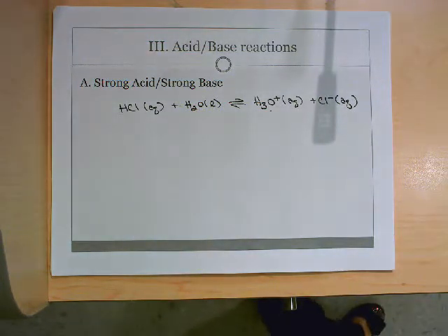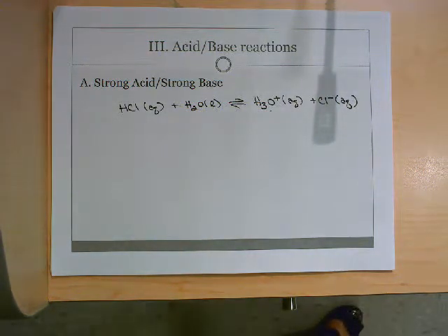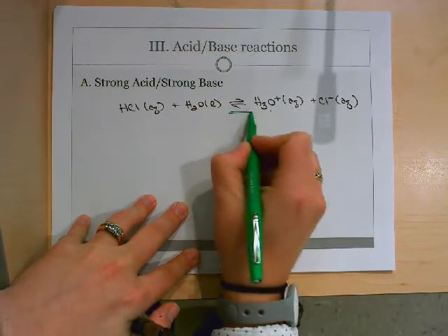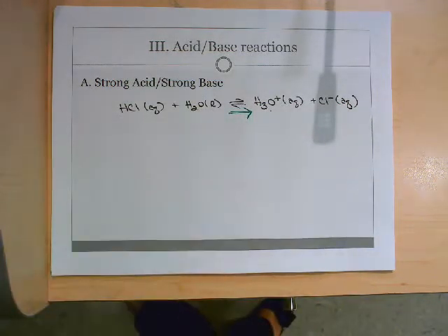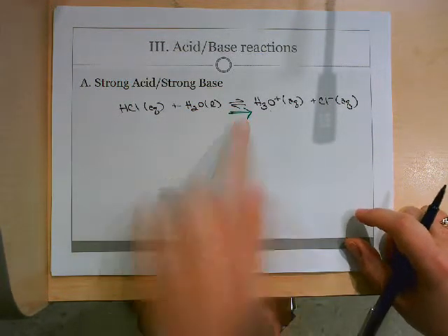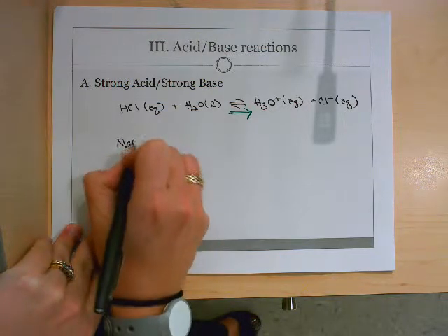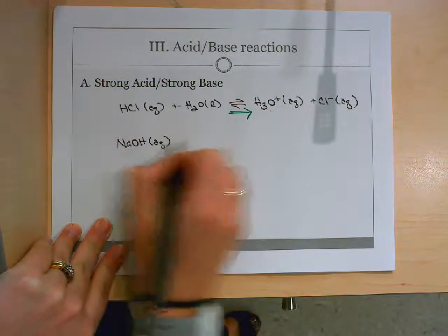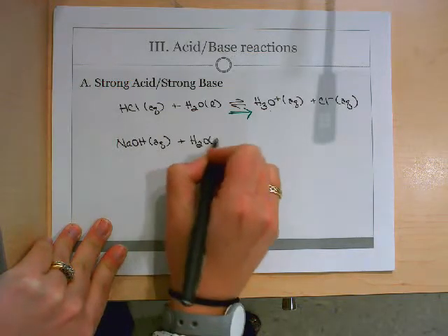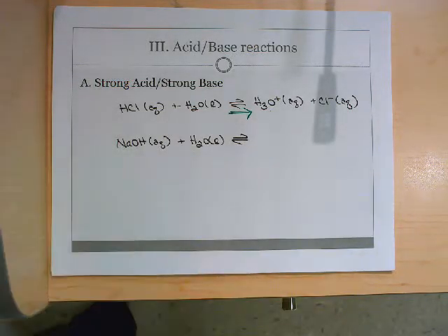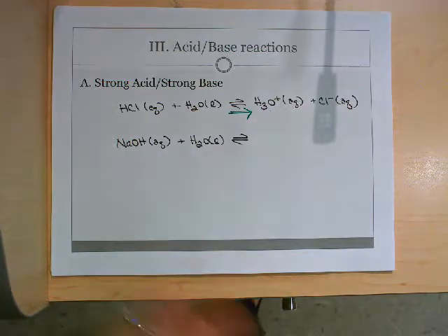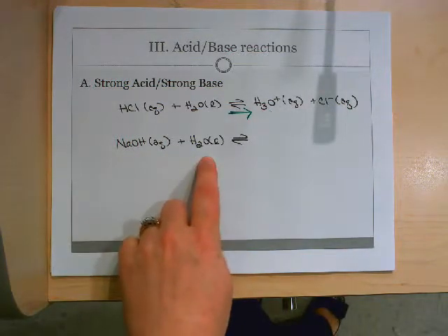And if it's a strong acid, which direction does this proceed? Mostly to products, right? That'd be more accurate. It doesn't really reach equilibrium in the same kind of way. It really just makes products. Or I could have a strong base. If it's now a strong base, how is the water acting in this case?